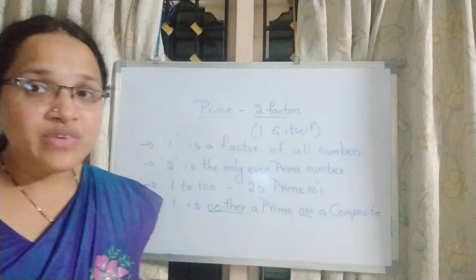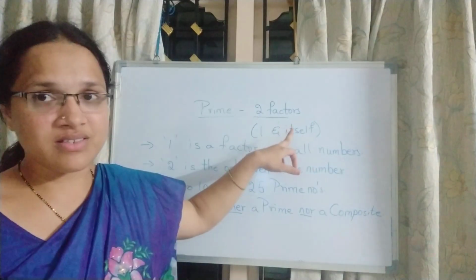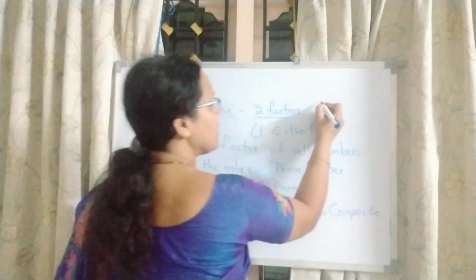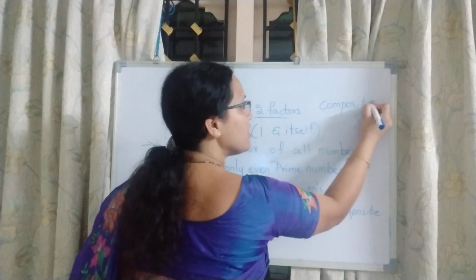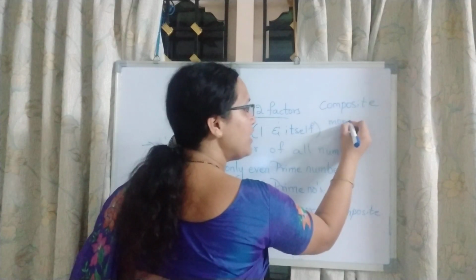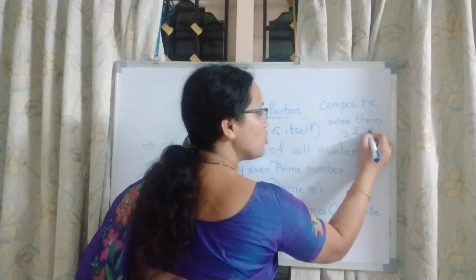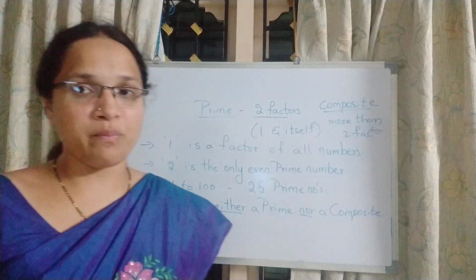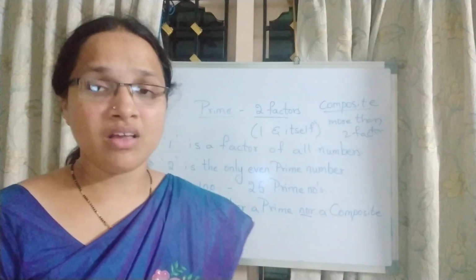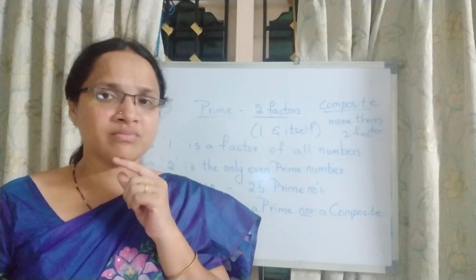As we have spoken, prime numbers have 2 factors, right? And composite numbers are those which have more than 2 factors. That is the true definition for composite. They have more than 2 factors. But now take 1. What are the factors of 1?